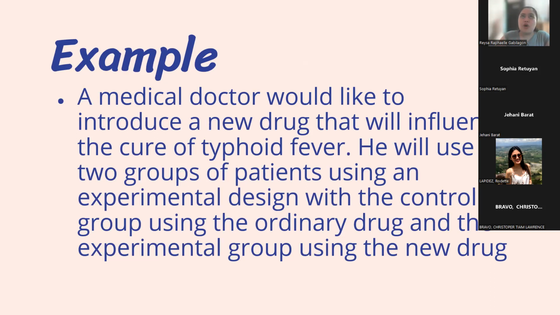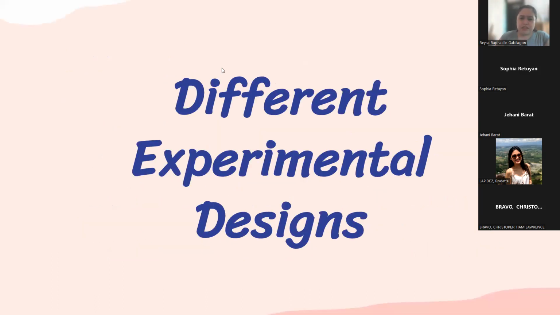And then meron siyang control group. This is most likely a positive control kasi the doctor will be using the ordinary drug which is already proven and tested. So experimental research design siya. Now the patient should be randomly assigned to this group's class. Again, para matawag siya na true experimental research design.